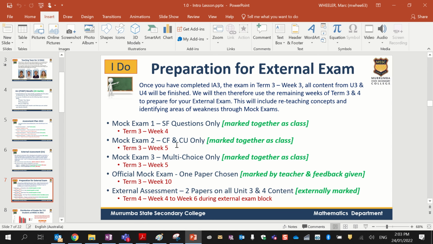This is going to include reteaching some concepts. We're going to identify areas of weakness through mock exams, and we're going to reteach you that stuff. So you can see a little bit of a schedule. We've got lots of mock exams booked in, ready to go. Okay, and then your external assessment will be in week 4 to 6. It hasn't been released yet, but a time within week 4 to 6 during the external exam block.